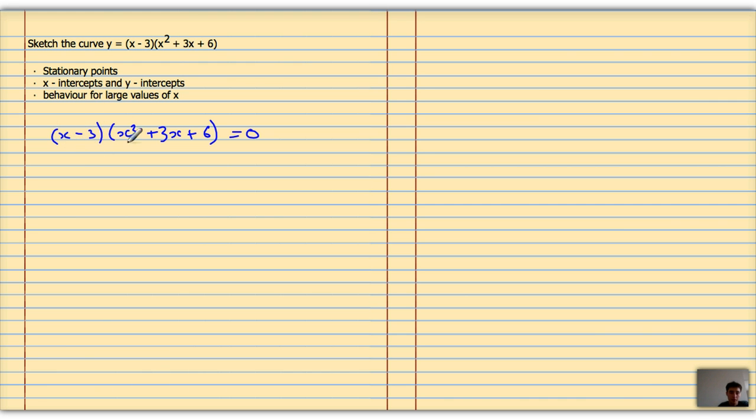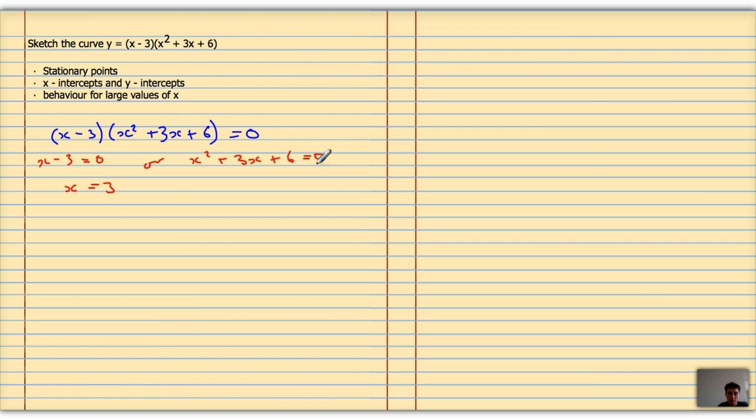So when does this equal 0? This equals 0 if x minus 3 equals 0, or if x squared plus 3x plus 6 equals 0. On the left hand side here we can just say, well, that's true when x equals 3. So x equals 3 is an x-intercept.